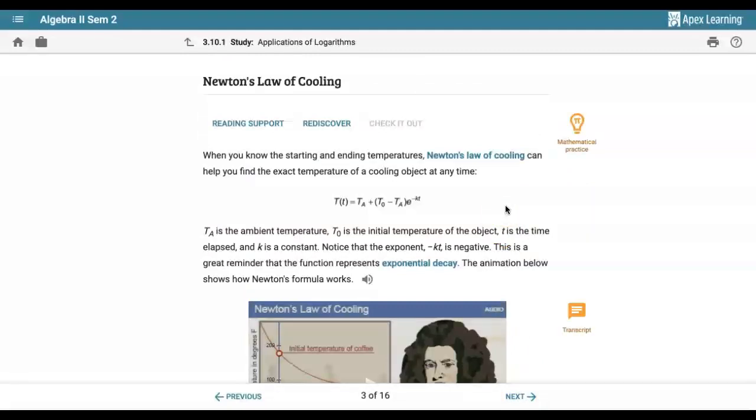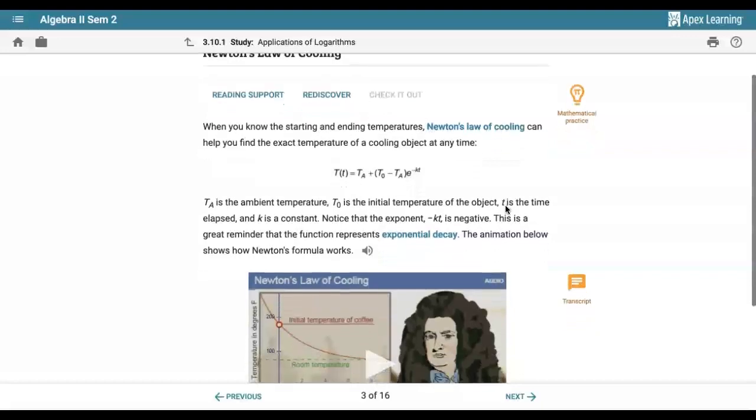And what we can do here is use an equation that we found for you. The one that we're going to use here is called Newton's law of cooling. And again, don't let this equation bother you. It's just standing for something where we give you the variables.